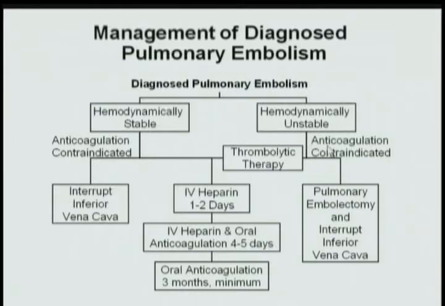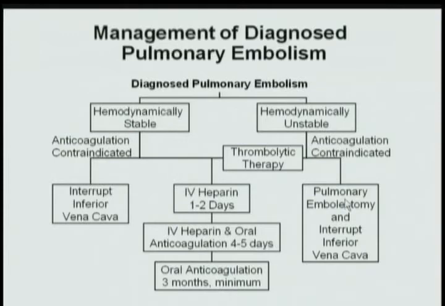If the patient is hemodynamically unstable and anticoagulation is contraindicated, let's say that's the case because the patient has a recent brain surgery or recent abdominal surgery or recent eye surgery, you can't give the patient thrombolytics, you can't give them anticoagulants. So what you do is what is called a pulmonary embolectomy. They go in and they grab the clot and pull it out. People don't like to do that now.